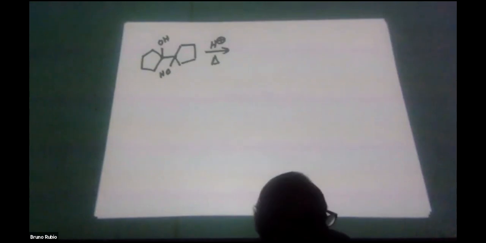Is it a pinacol? Oh yeah, it's a 1,2 diol. What would be the structure of the product?